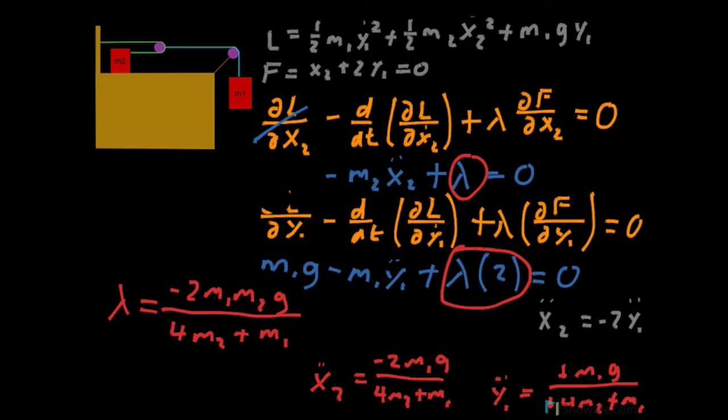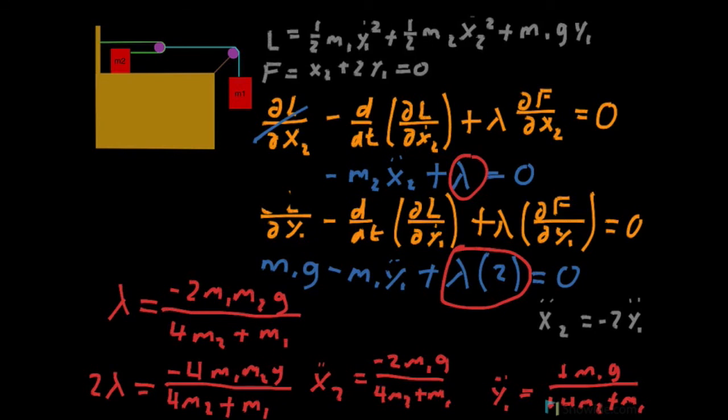And if we look at the second equation, the force term is 2 lambda. So 2 lambda equals minus 4 m1 m2 g over 4 m2 plus m1.